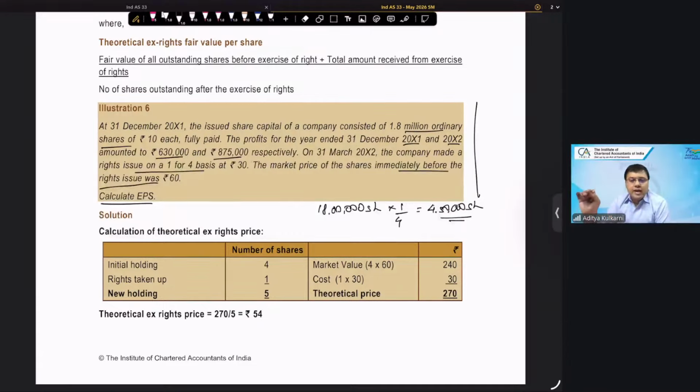Is this 4 lakh 50,000 shares at fair value? No, sir, it is below fair value, below the market price. So can I say that 4 lakh 50,000 has a bonus component included in it? Answer is yes. For that purpose, we will have to calculate something known as the rights adjustment factor. How do I calculate the rights adjustment factor?